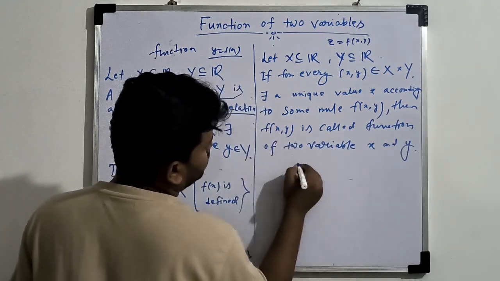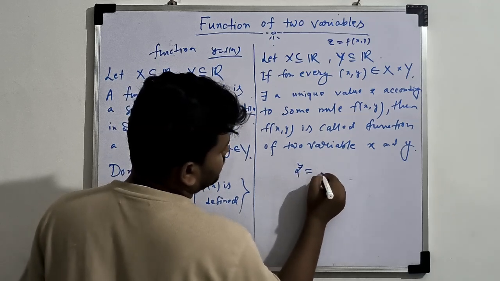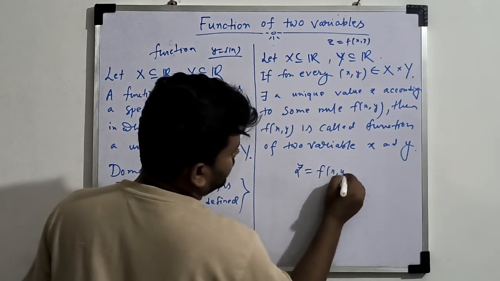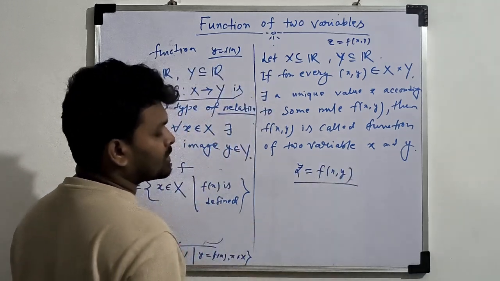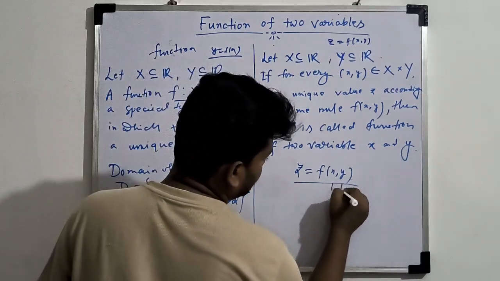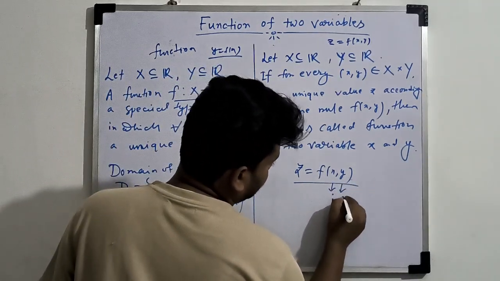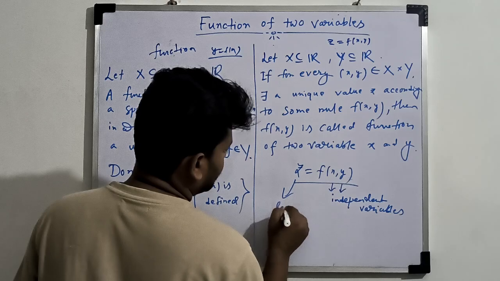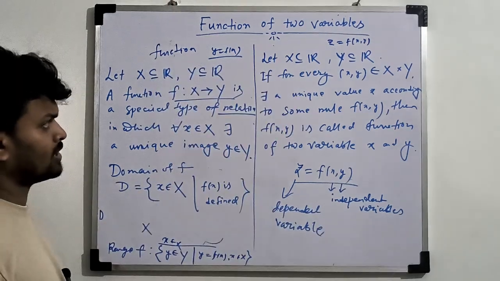We can write z equal to f(x,y) is a function of two variables. Here x and y are independent variables and z is a dependent variable. If you want, you can note this.